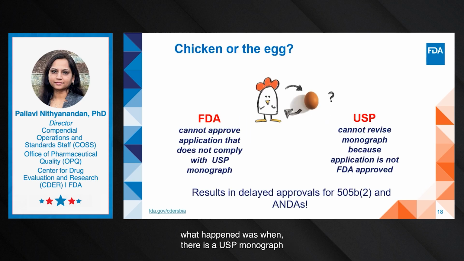So traditionally what happened was, when there is a USP monograph and the FDA has received an application which does not comply with the USP monograph, and for whatever reason they have some different quality criteria, then USP could not revise the monograph because the application has not yet been approved by FDA, and FDA cannot approve the application because it does not comply with the USP monograph, and this resulted in delayed approvals for 505(b)(2) NDAs or for ANDAs.